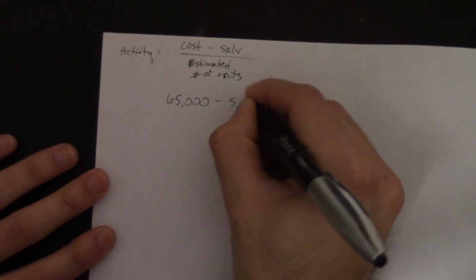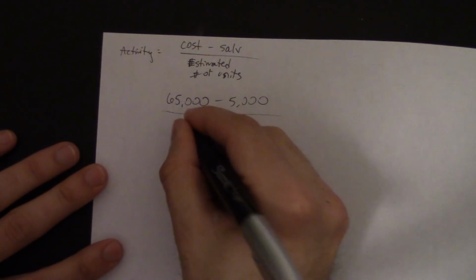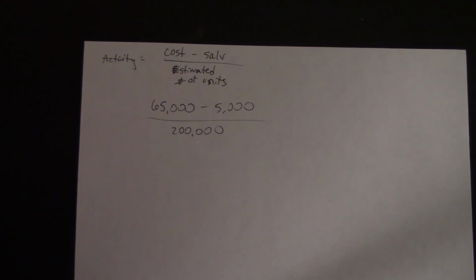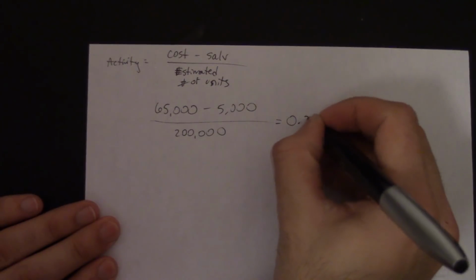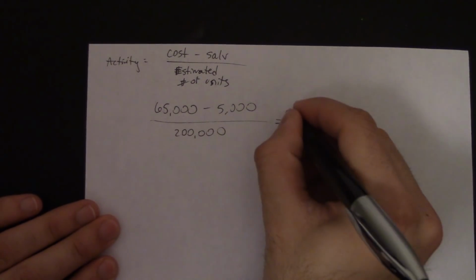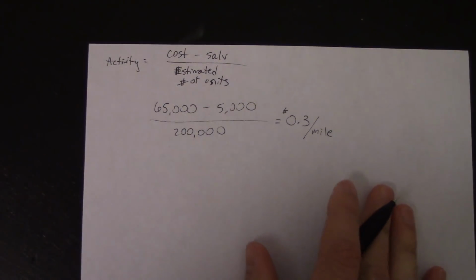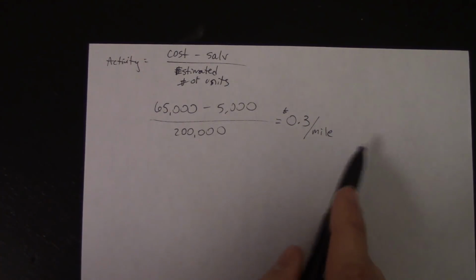Our salvage value is still 5,000, and our estimated number of units is the 200,000 miles. That will give you 0.3, or you can think of it as 30 cents per mile. So every time we drive a mile with this bus, we will depreciate it by 30 cents.